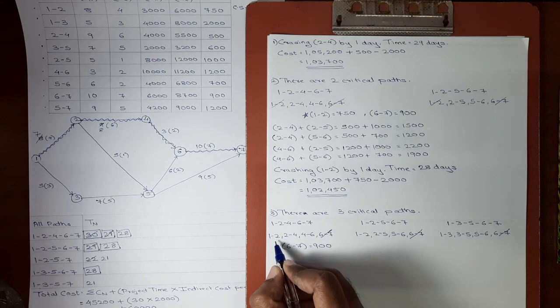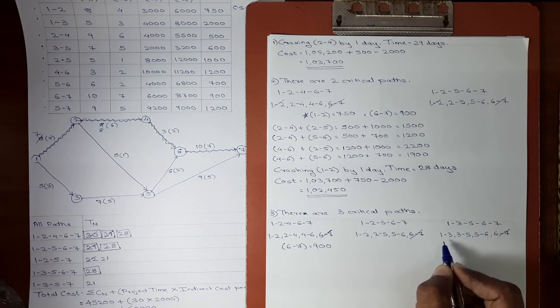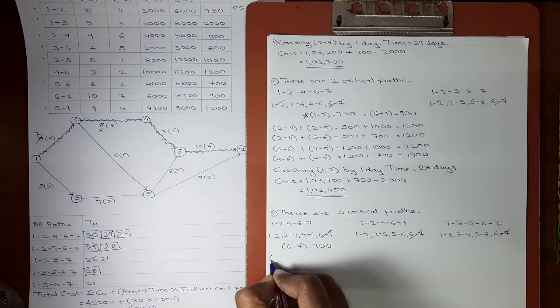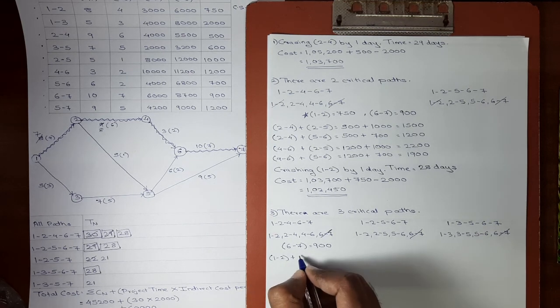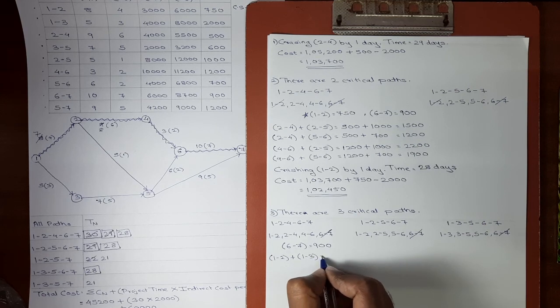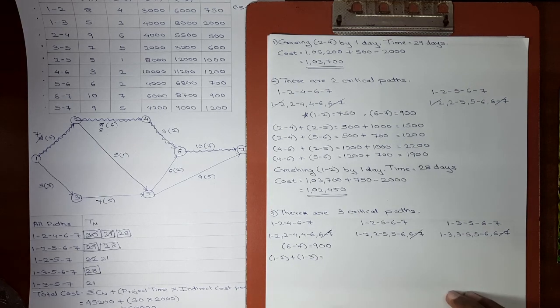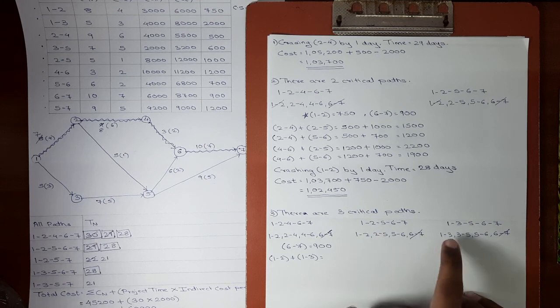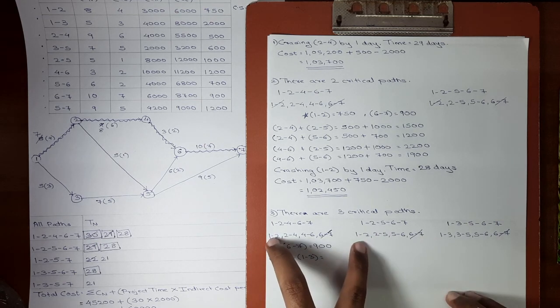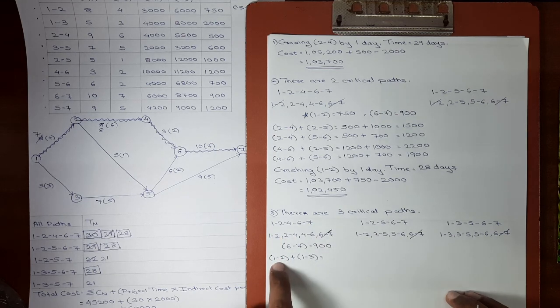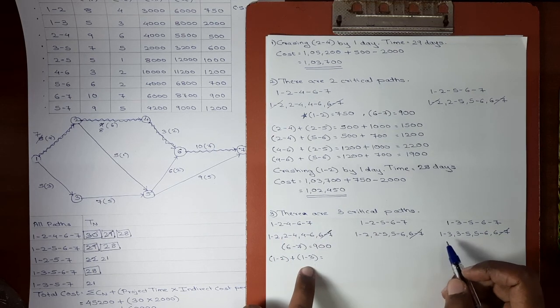So here, activity 1-2 is repeated, right? So we'll just mention 1-2 only once, plus 1-3. The combination was 1-2 plus 1-2 plus 1-3, but 1-2 was repeated, so we'll take 1-2 only once.